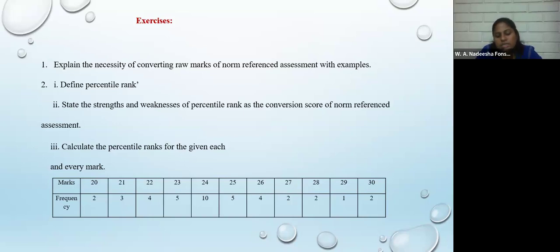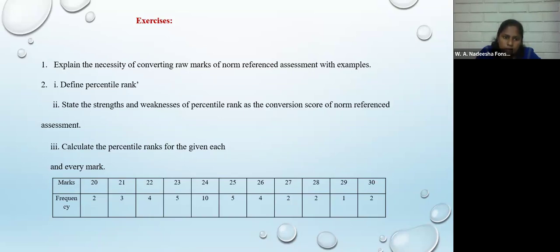We can't say that he is not a good performer in maths. That depends on the type of the paper. Therefore, if we compare maths marks, we have to consider the whole class's maths marks, not other subjects.